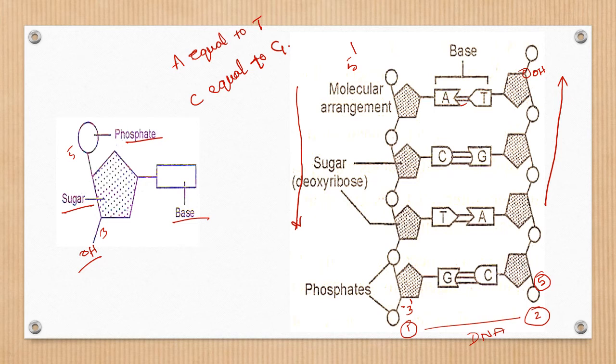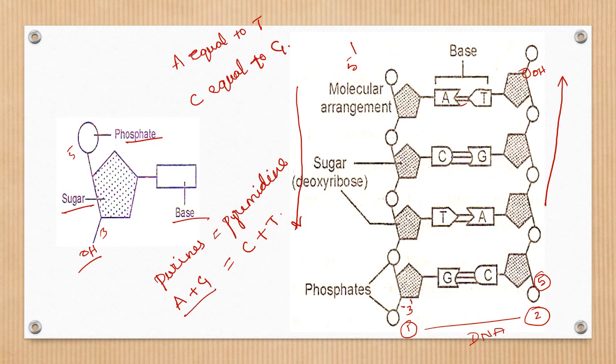Another thing is that the amount of purines is finally equal to the amount of pyrimidines. The purines are A plus G, adenine and guanine, and they are equal to cytosine and thymine.